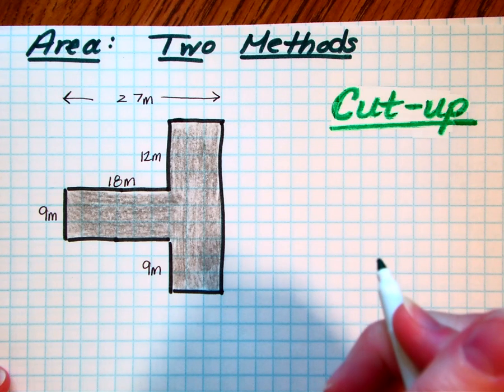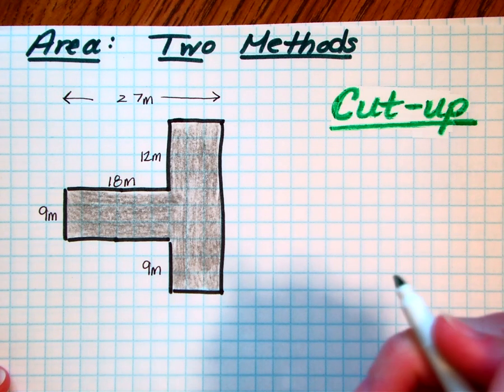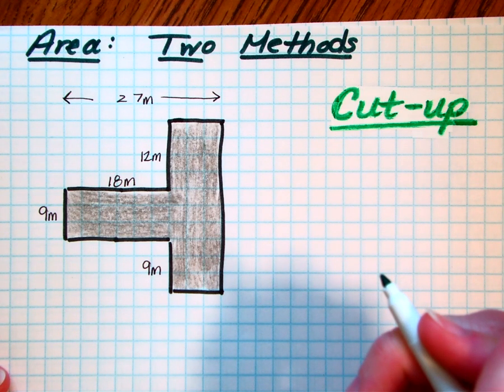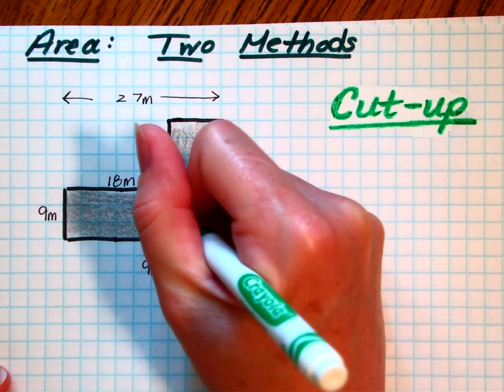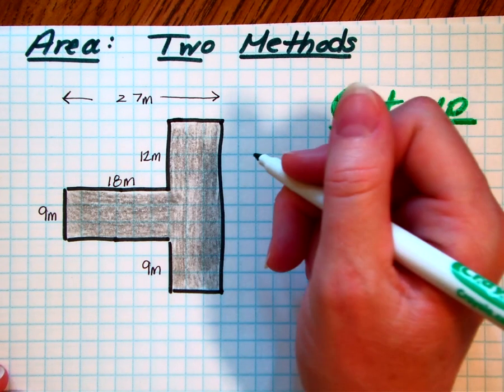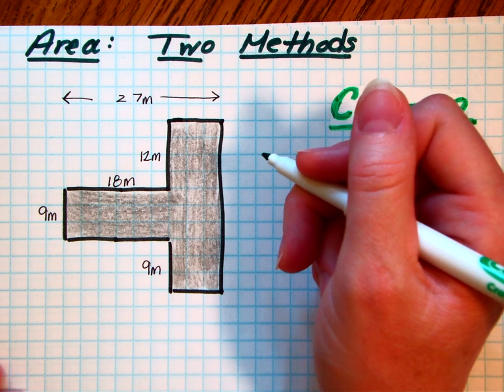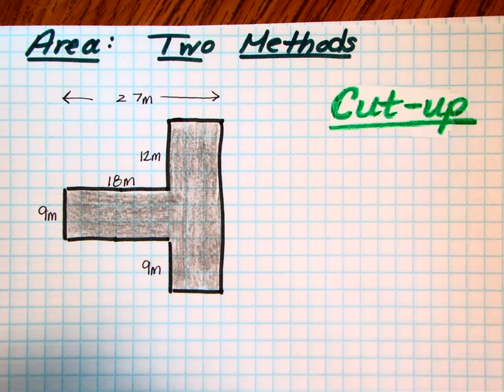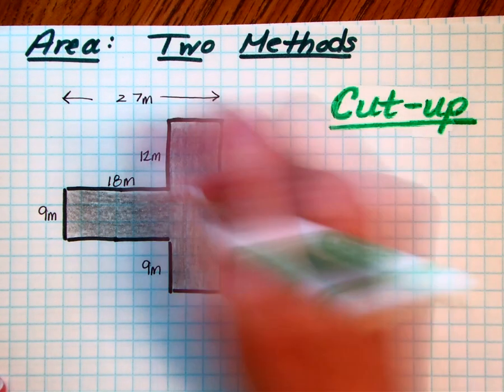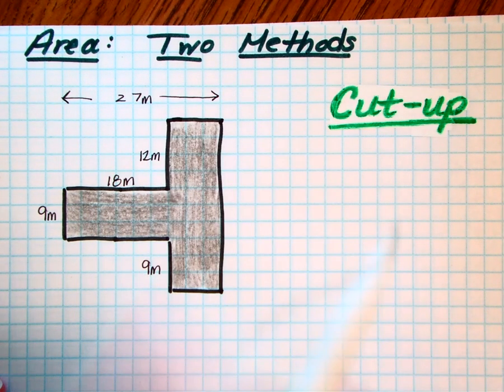I'm looking at this, and I feel like I could cut it up into 4. I could cut it up into 2, possibly. Sometimes what I like to do is see if I can figure out the missing sides first, and that'll help me determine the cut up.